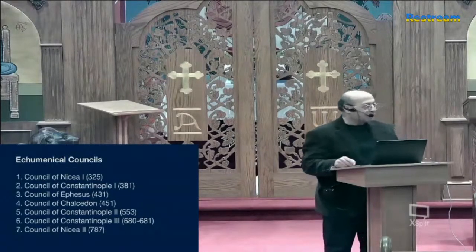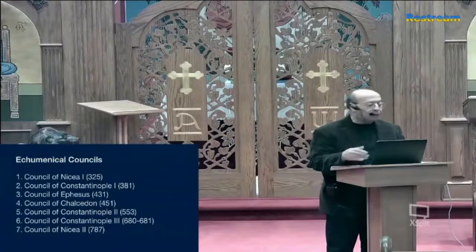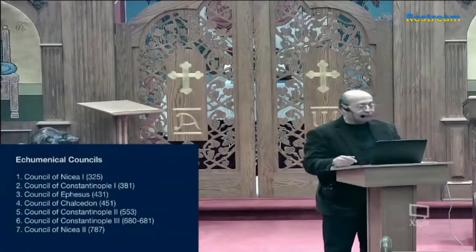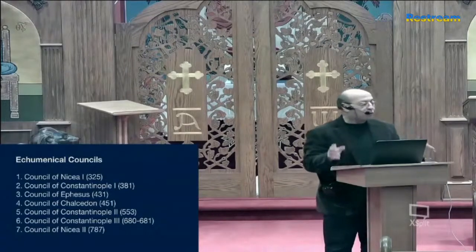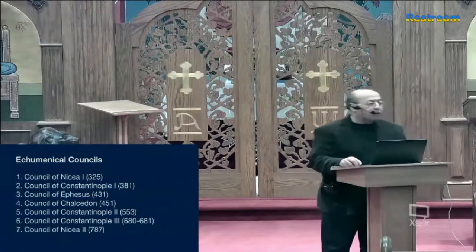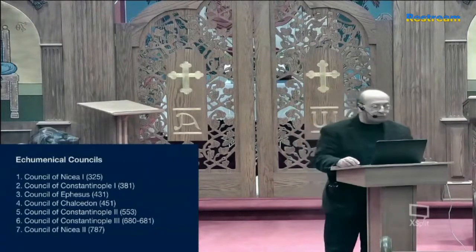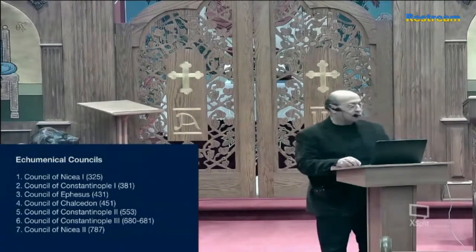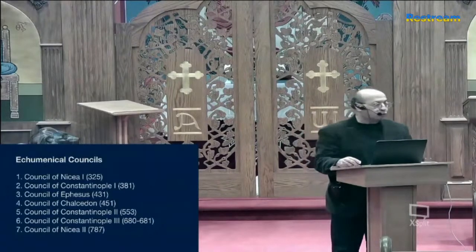But for now, I'm just listing the 7 main ecumenical councils of the whole Christian church. There are also many small councils held by the Roman Church and the Constantinople Church, but they are not really ecumenical. They are small councils.